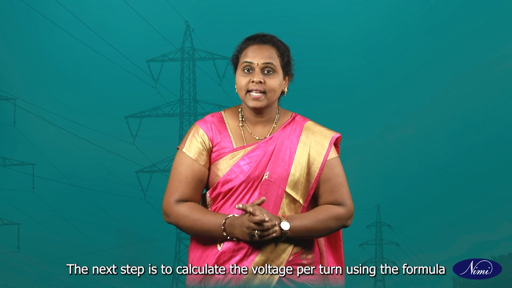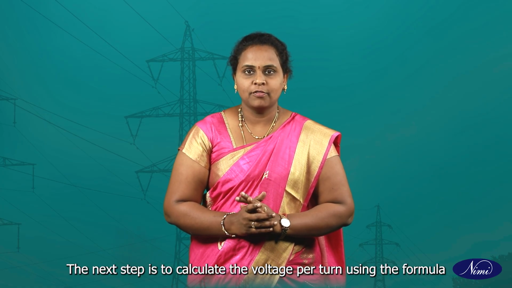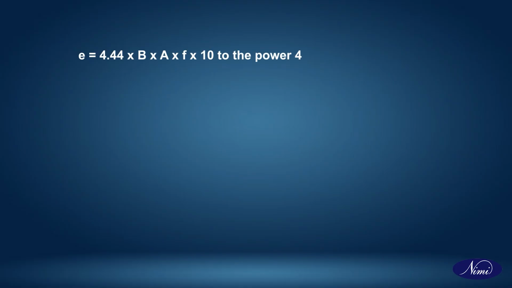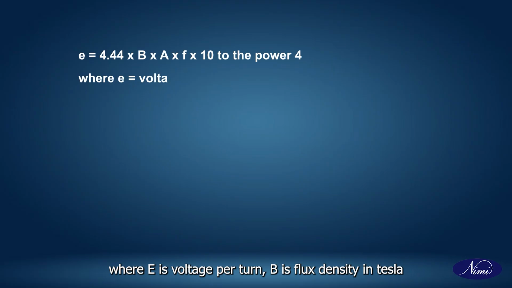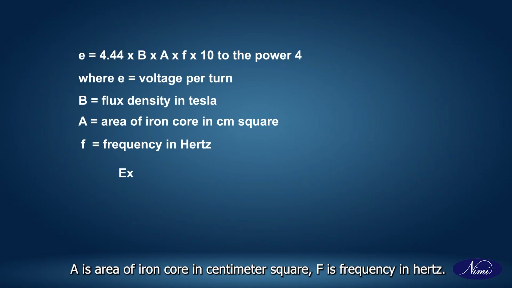Step 4. The next step is to calculate the voltage per turn using the formula E is equal to 4.44 into B into A into F into 10 to the power minus 4, where E is voltage per turn, B is flux density in Tesla, A is area of iron core in centimeter square, F is frequency in hertz.